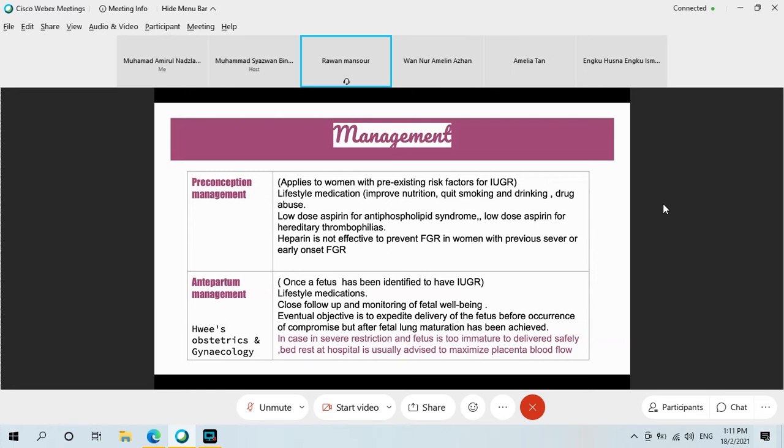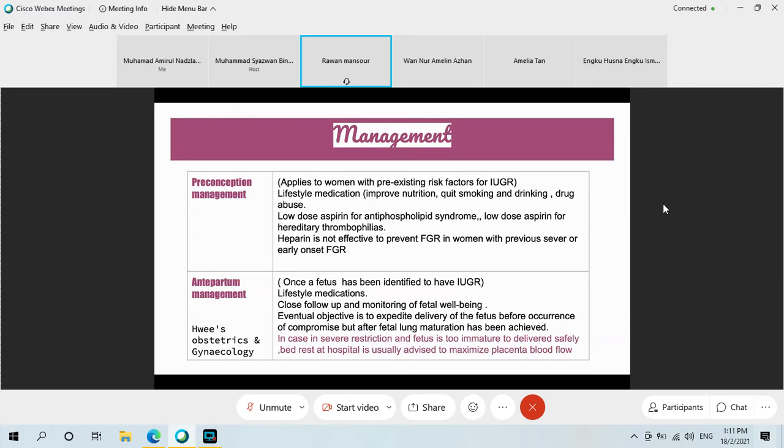For antepartum management, once the fetus has been identified as having IUGR, lifestyle modification can also be improved, which is stopping smoking and drinking. Close follow-up and monitoring of fetal well-being. The objective is to expedite delivery of the fetus before compromise occurs.